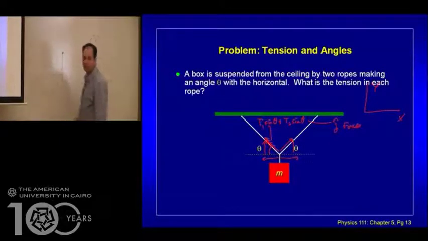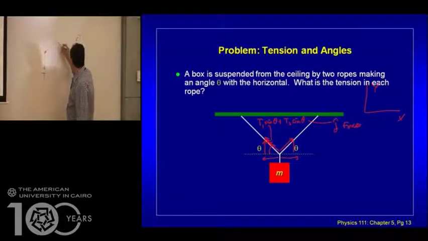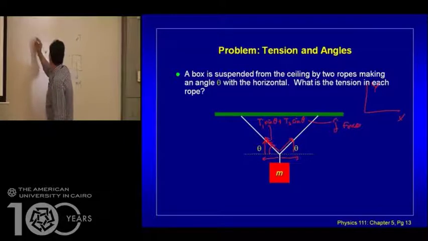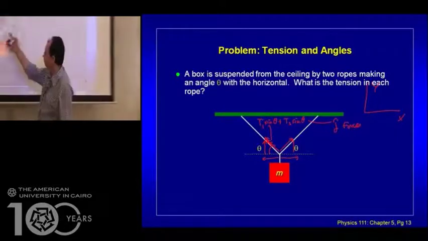Tension T is pulling that point down, T1 is pulling it in that direction, and T2 is pulling in that direction. That angle is theta, and that angle is also theta, as given by the problem itself.